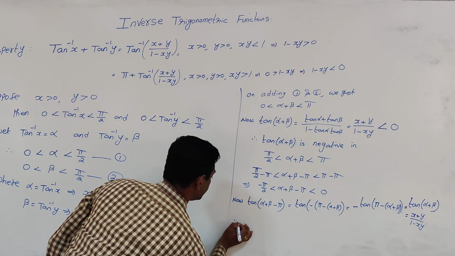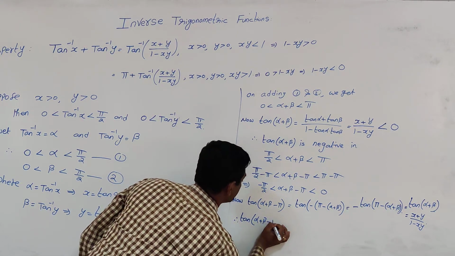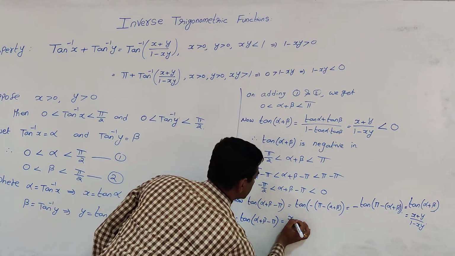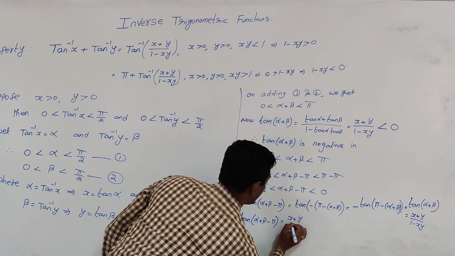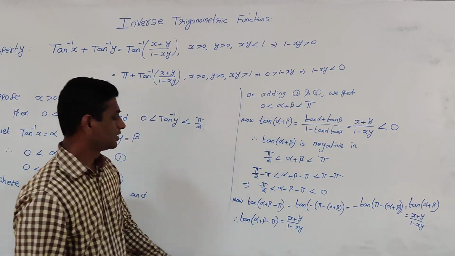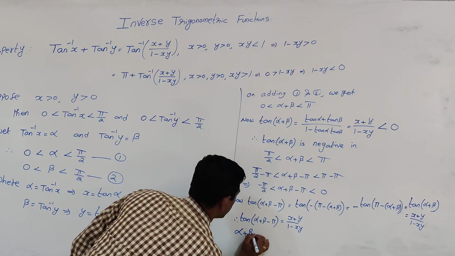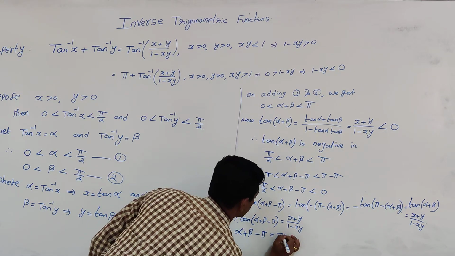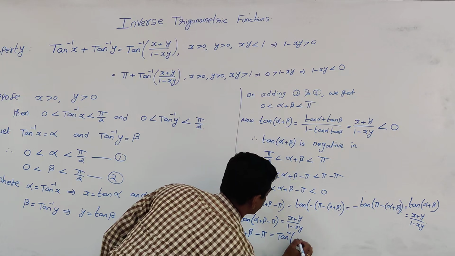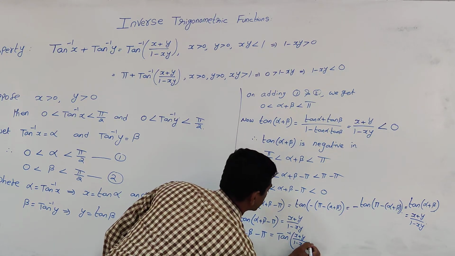So tan of alpha plus beta minus pi is equal to x plus y by 1 minus xy. Apply the tan inverse, then what happens? Alpha plus beta minus pi is equal to tan inverse of x plus y by 1 minus xy.